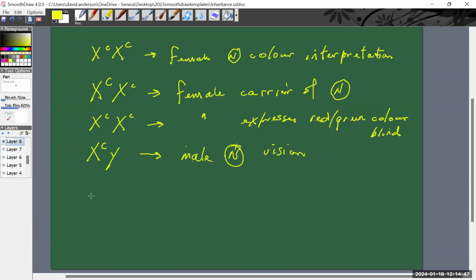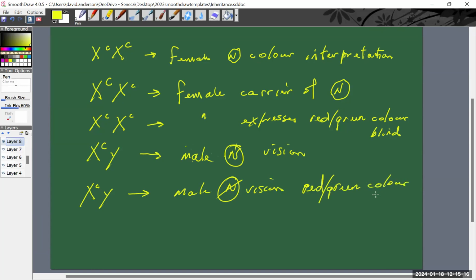Okay, so the way we're going to get a male that has color blindness, which might be a surprise, is that the mom who was a carrier offers the recessive expression of color blindness, and because the Y chromosome doesn't carry a match, we're going to have a male who has abnormal vision. In other words, they're red-green colorblind.